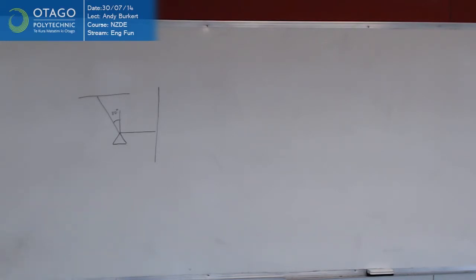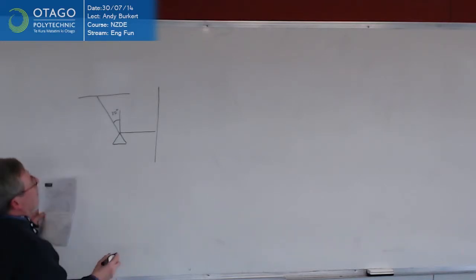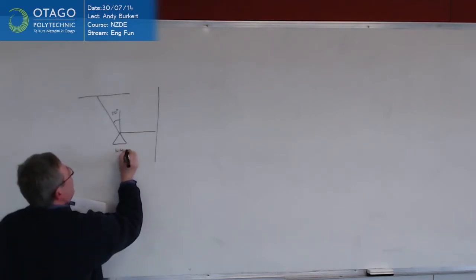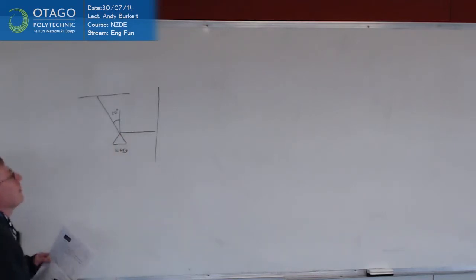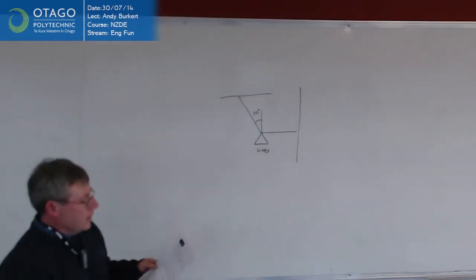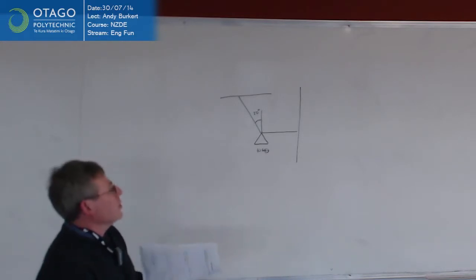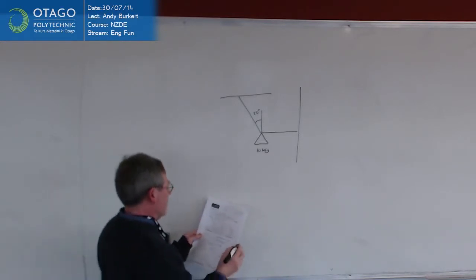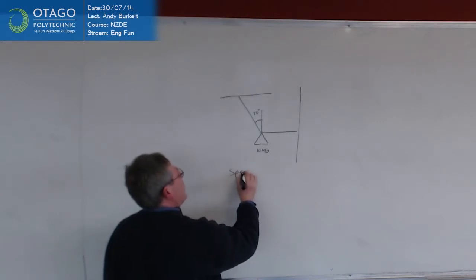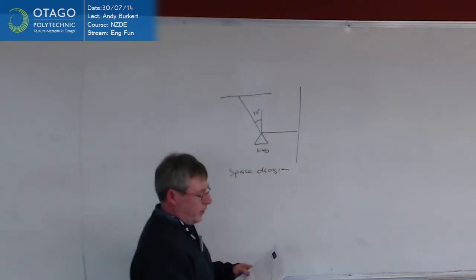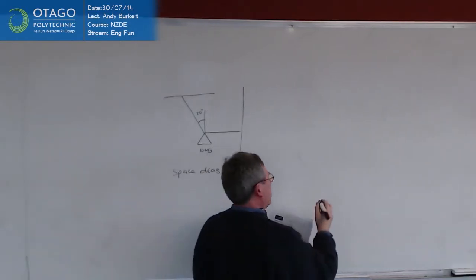So we've got a 10 kilogram light hanging from the roof and fixed to the wall. So what would the force diagram look like? Just the free body diagram. That's a space diagram. What would the free body diagram look like?